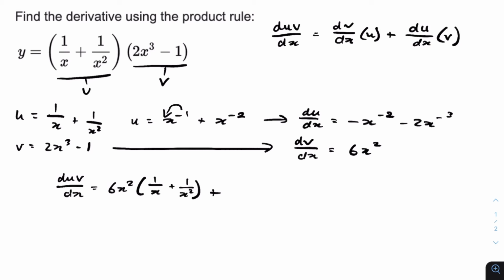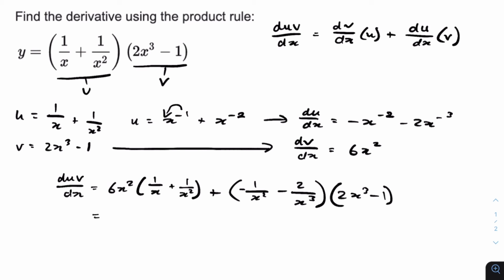So we can actually just convert our du over dx, which is right now in negative indices, back to the normal thing. So we would write this as negative 1 over x squared and then minus 2 over x cubed. Put them back in their fractional form. And that's multiplied by v, which is 2x cubed minus 1.